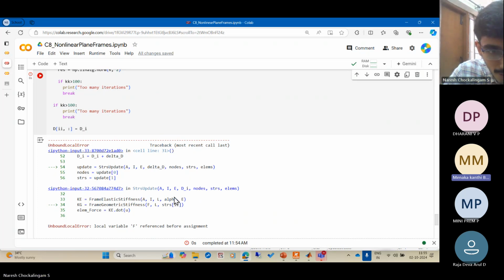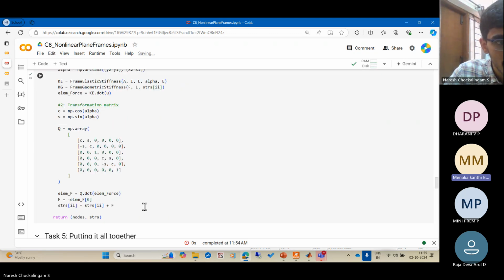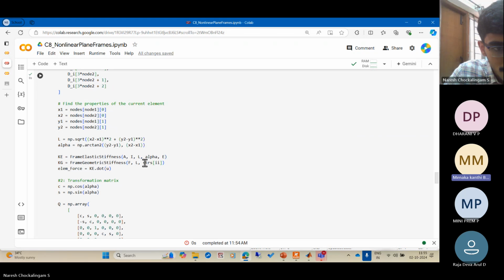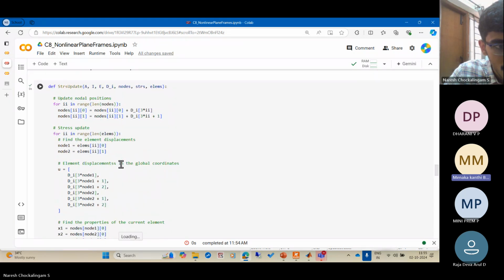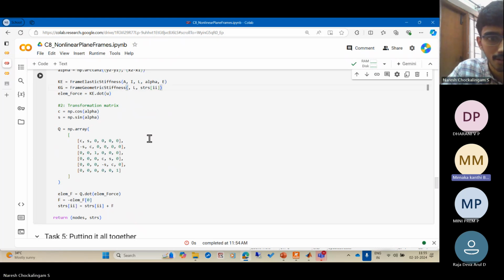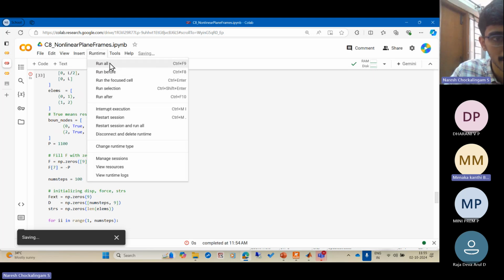It's lm force equal to ke dot u. So here it will be... Okay, what was it? FL and alpha, right? It was actually alpha. I put the stress of I in the wrong position. Okay, now it should be fine. Let's run.